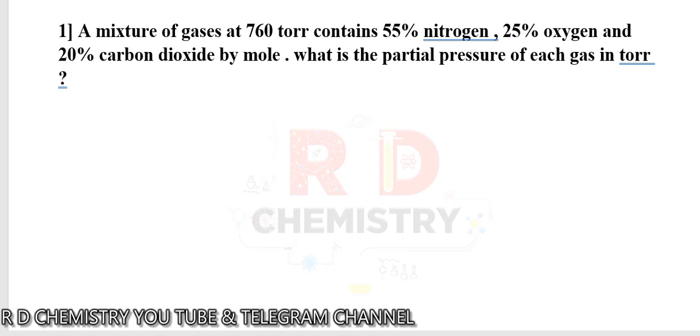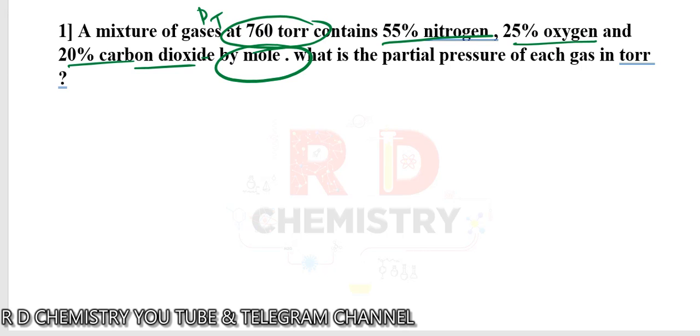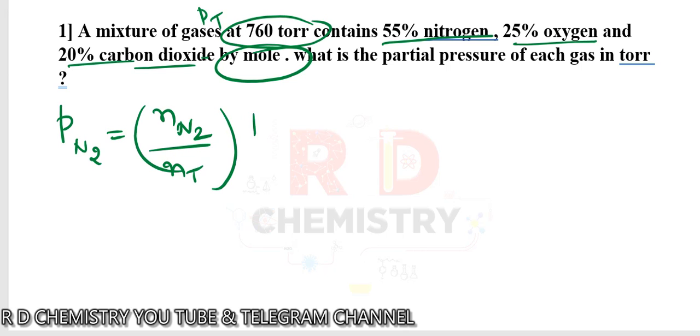Read this question. A mixture of gases at 760 torr, that means this is the total pressure of the mixture, is 55% nitrogen, 25% oxygen, 20% carbon dioxide by mole. These are the numbers of moles themselves, by mole. What is the partial pressure of each gas in torr? So I want to calculate the partial pressure of the first one, nitrogen gas, which is equal to the number of moles of nitrogen divided by the total number of moles, into the total pressure.